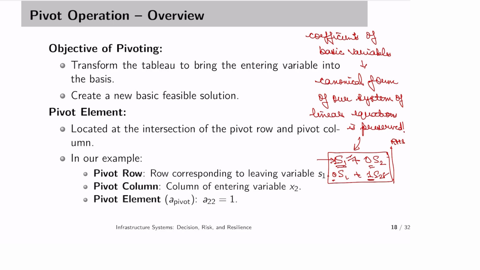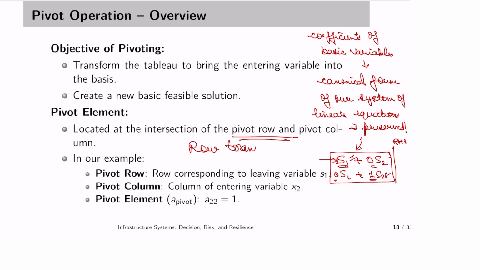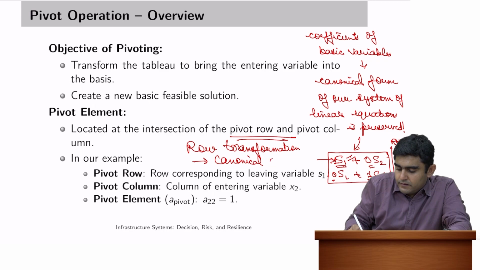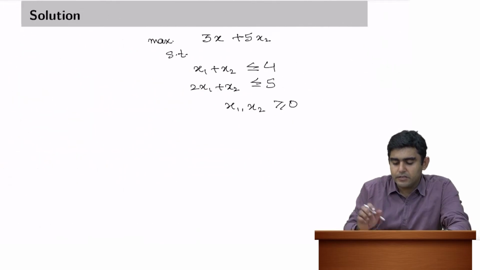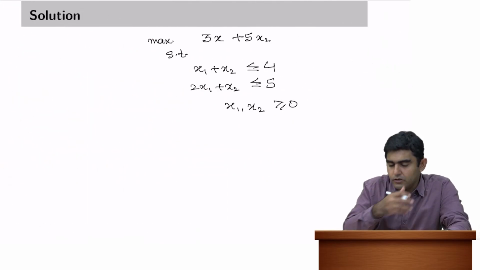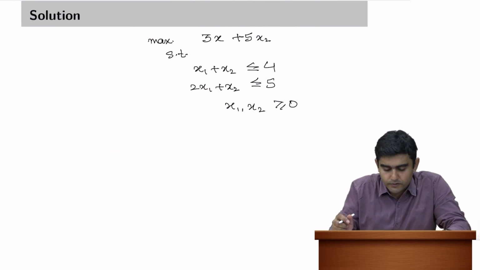To ensure that, we keep applying sequences of row transformations so that we always have this canonical form. And to speed it up, we notice a pattern that we are going to discuss in subsequent topics or slides as we move forward.